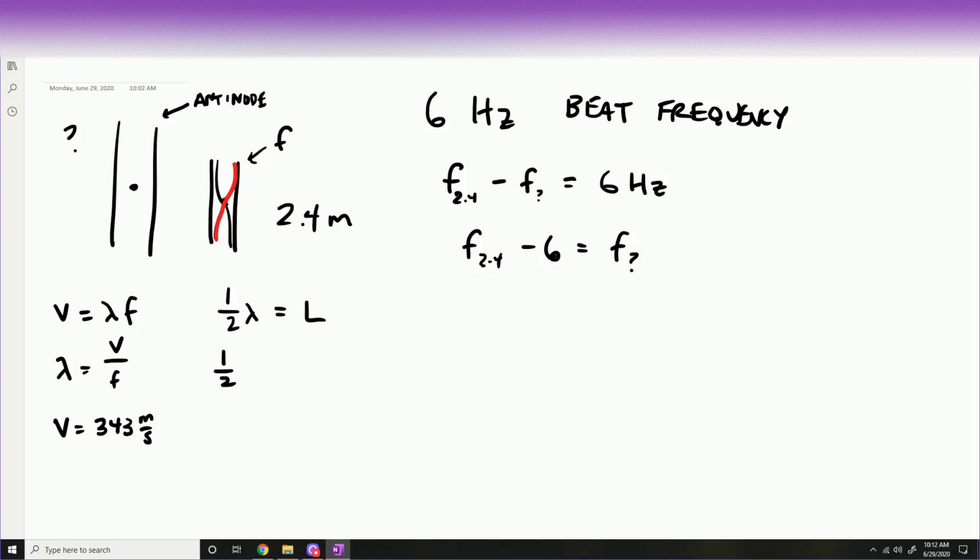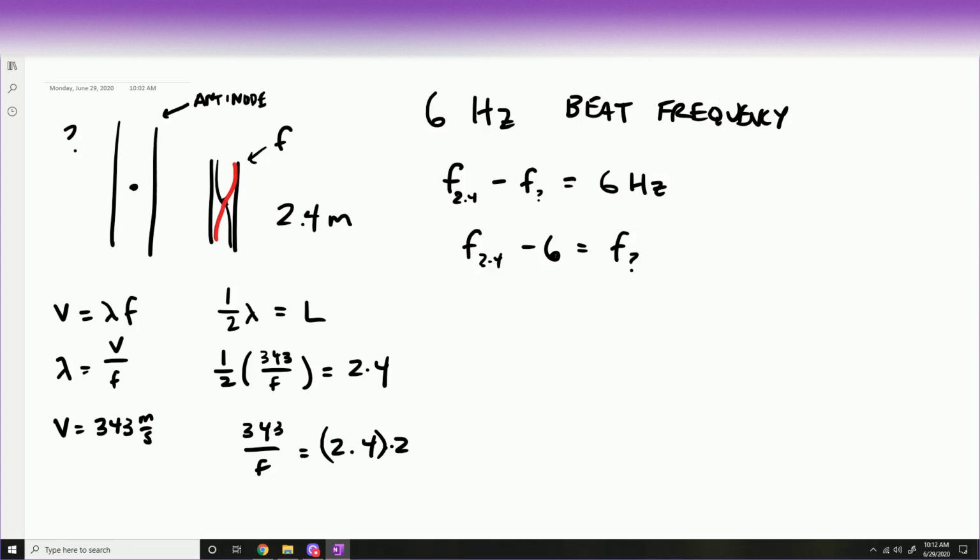So I have 1/2 times 343 divided by f, which we don't know, equal to 2.4. So we're finding the frequency in this first pipe. So now I just have to do a little bit of algebra. I'll multiply by 2 on both sides. That'll give me this by itself, so 2 times 2.4. And then I need to basically get f by itself.